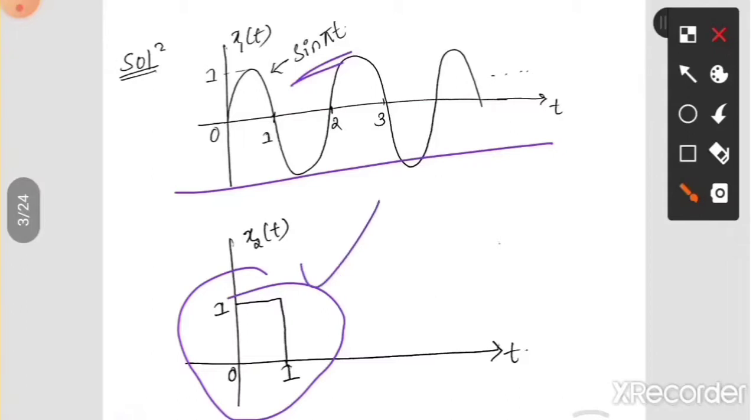How can we get this? We can get it from two unit step signals.